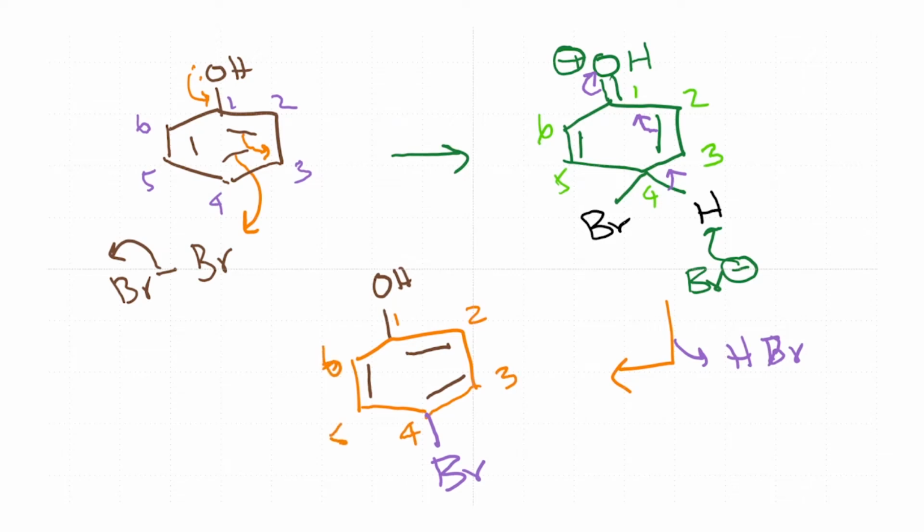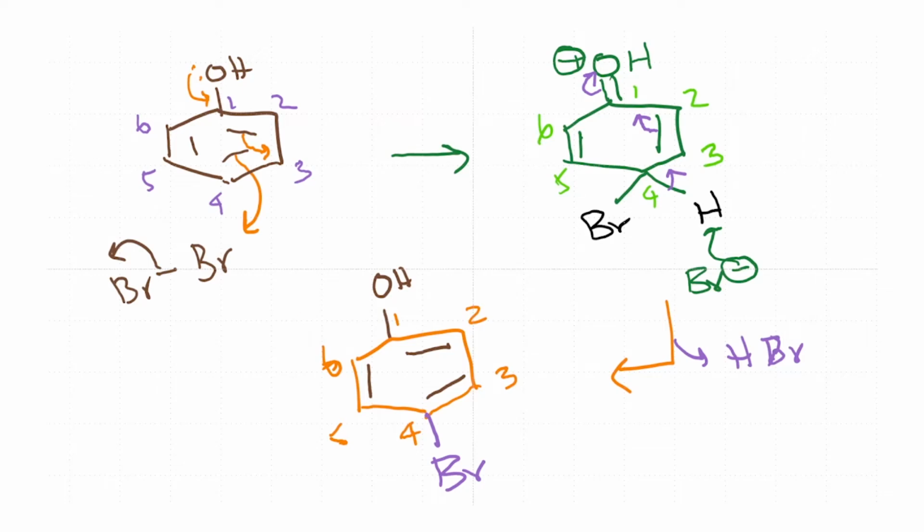Okay, so this is how this reaction can occur, and this sort of makes sense from many angles. One is that the OH group is quite electron donating through resonance, and so I don't see any problem in this mechanism the way it's written.